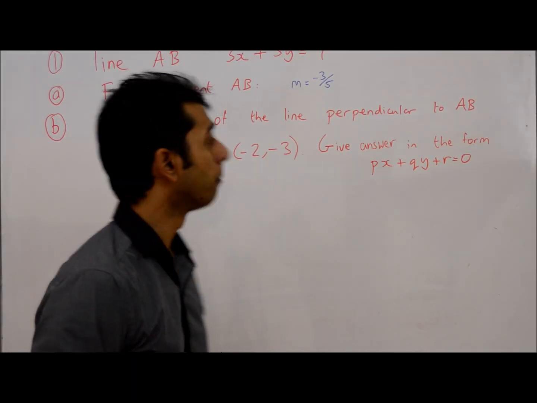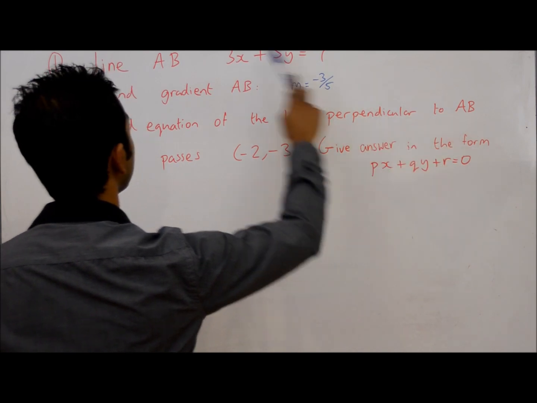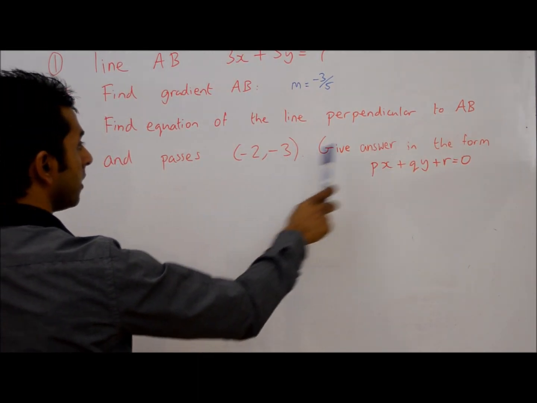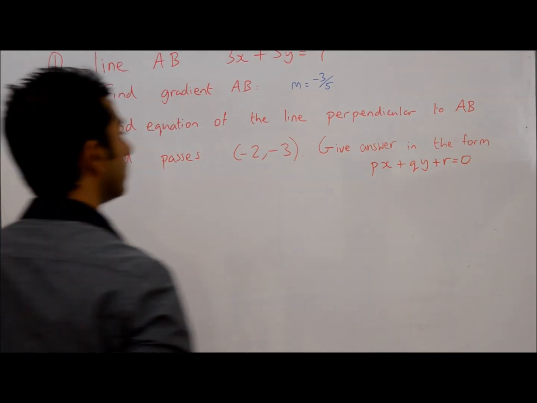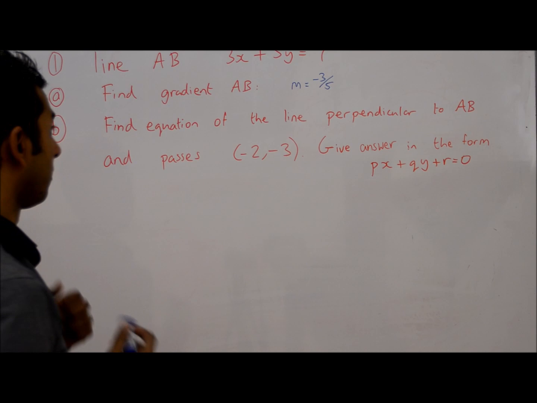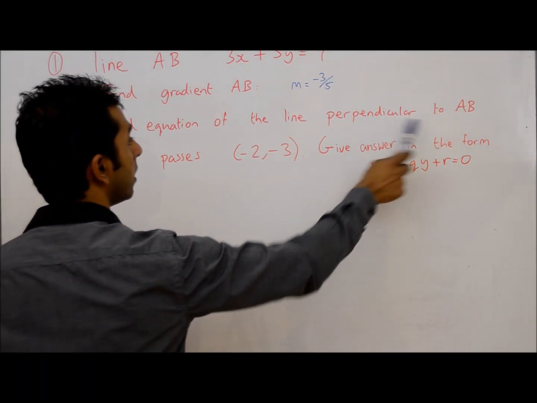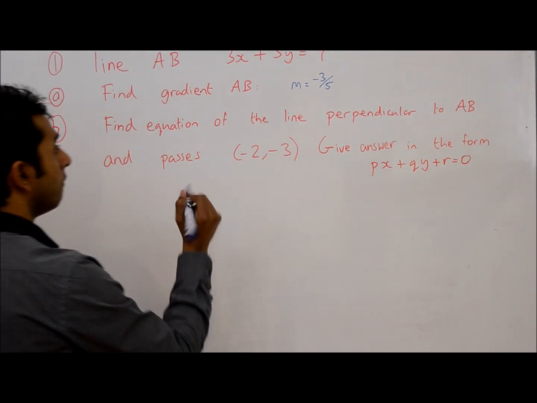So let's look at part B now. Find the equation of a line perpendicular to AB, which passes through minus 2, minus 3, and give your answer in the form px plus qy plus r equals 0. So since we're talking about perpendicular lines, we need to know the gradient of the line perpendicular to AB. So the gradient of AB is minus 3/5.